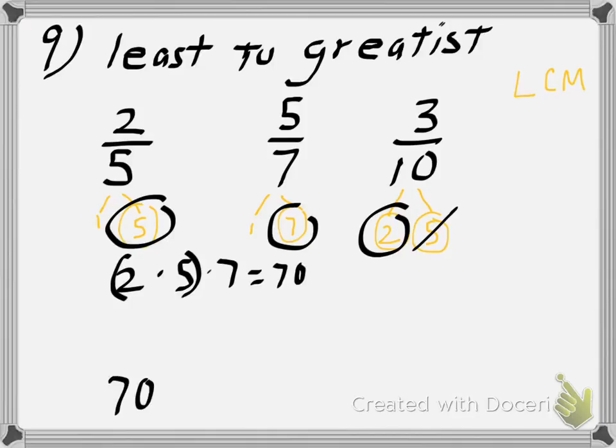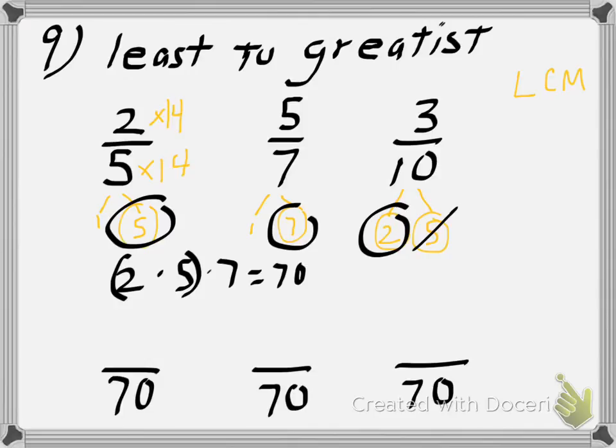So I'm going to make 3 fractions with 70 as a denominator. Okay. So I'm going to come here, and I'm going to see that to multiply 5, I would have to multiply that times 14. And so I would have to multiply 2 times 14. So 2 times 14 is 28.